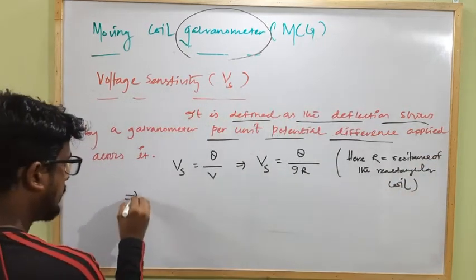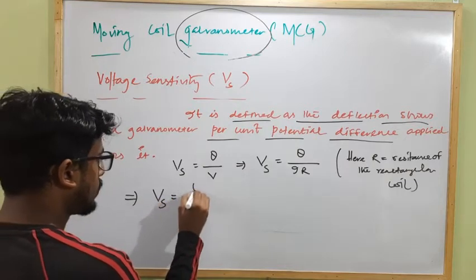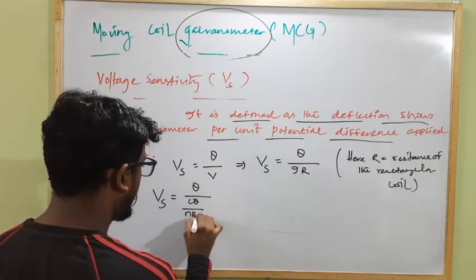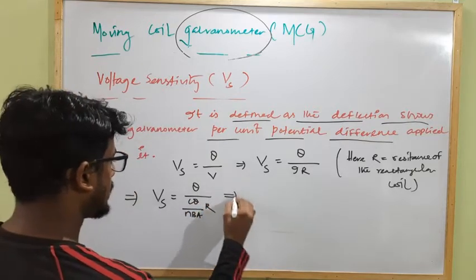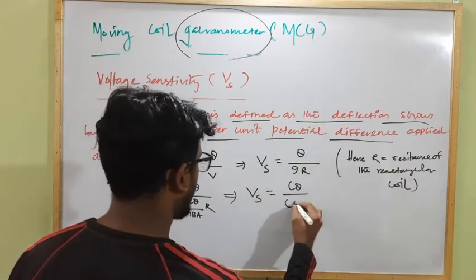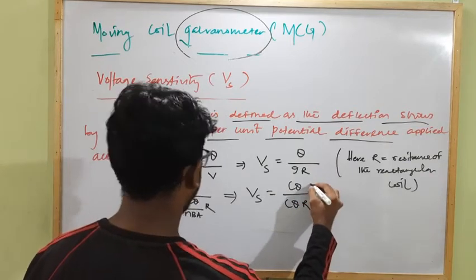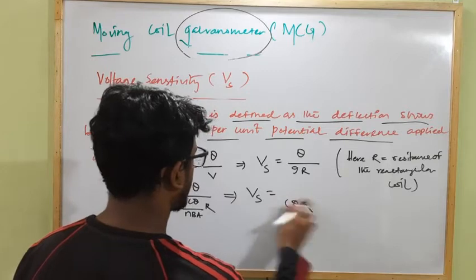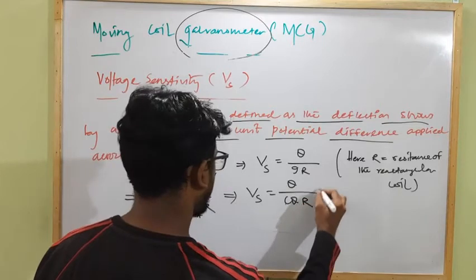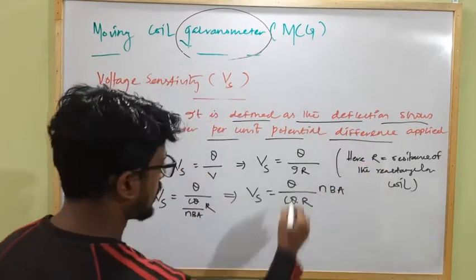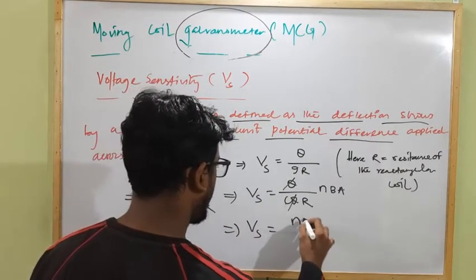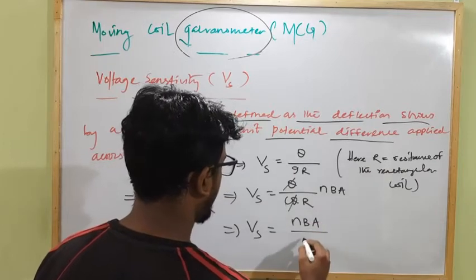So the voltage sensitivity is equal to theta divided by I R. In place of I we can write C theta divided by NBA, into R. This can be written as theta divided by C theta R into NBA. Theta theta will get cancelled. So the voltage sensitivity of a galvanometer will be NBA divided by CR.